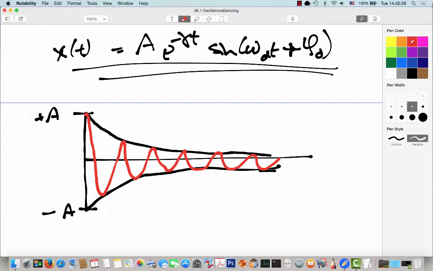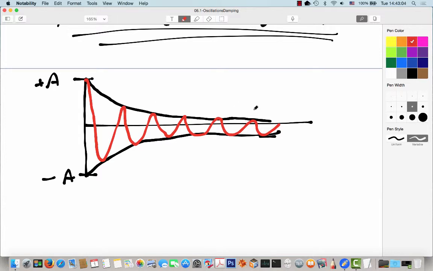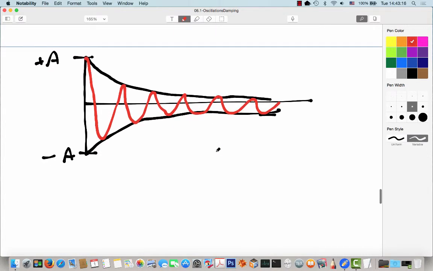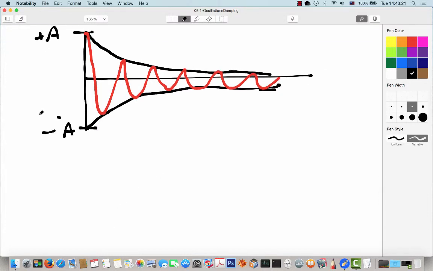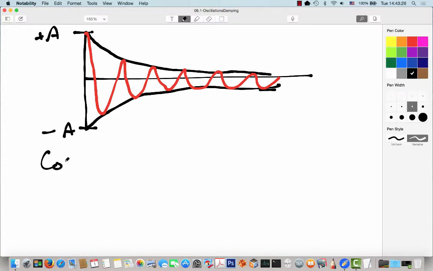All right. So we are oscillating, though, with frequency omega d, which is not the natural frequency of the undamped spring. It is a little different, so we do need to compare that. So let's go ahead and compare omega d, omega damped, to omega undamped.